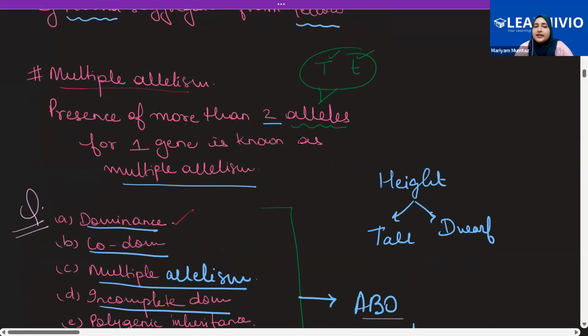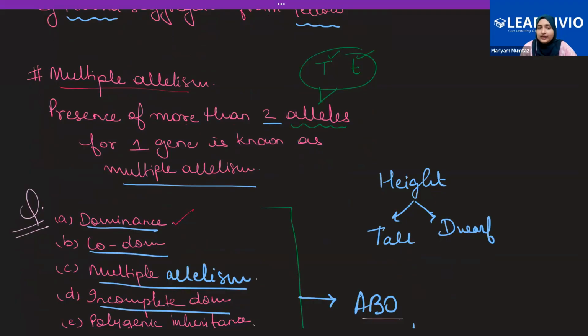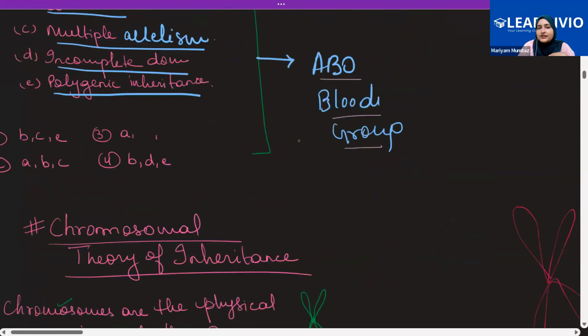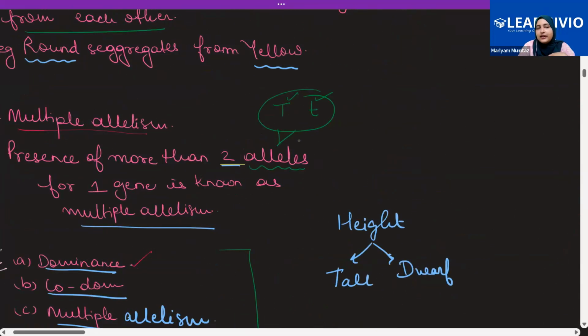After that, there comes multiple allelism. Now, multiple allelism is a phenomenon wherein more than 2 alleles are present for one gene. For example, you saw that height was being represented by capital T and small t, right? There were 2 alleles. But if more than 2 alleles are present, then we call it multiple allelism. For example, the case of human skin color.